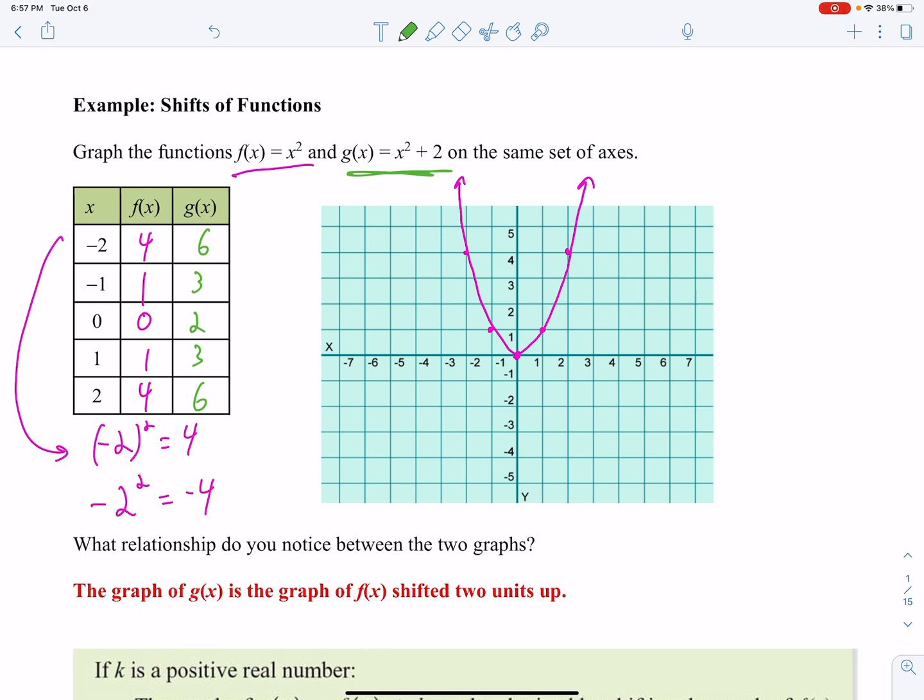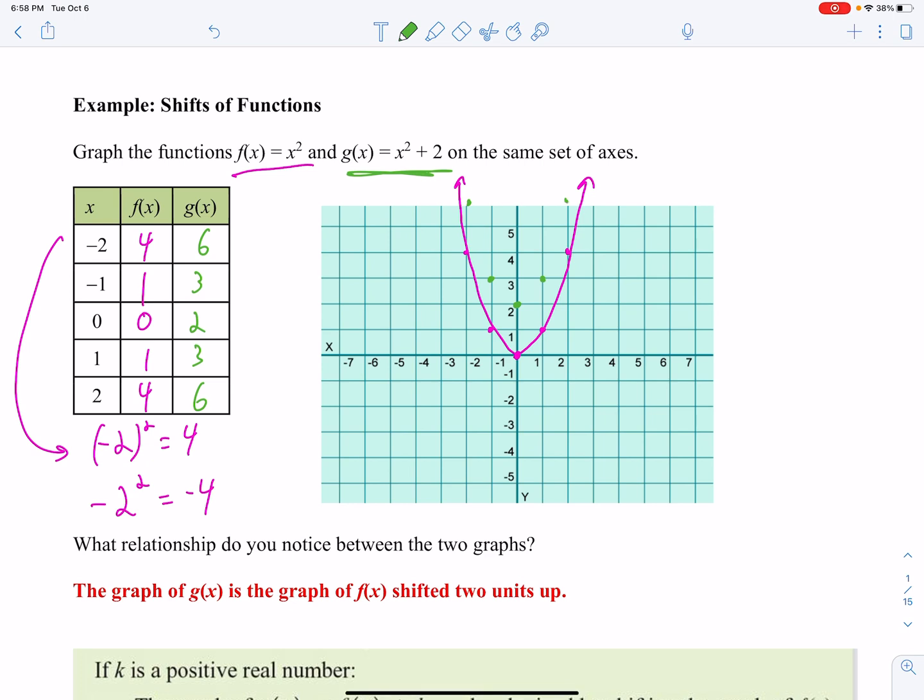Now let's graph g of x. All right, so let's look at these values. In the center, we have (0, 2). All right, and then we have (-1, 3), (1, 3), (-2, 6), which is up here, and (2, 6).